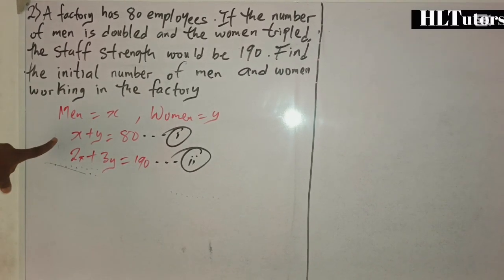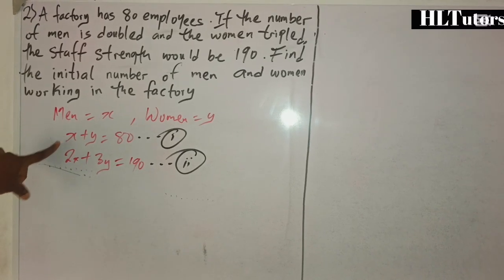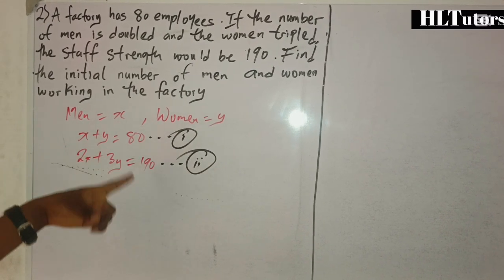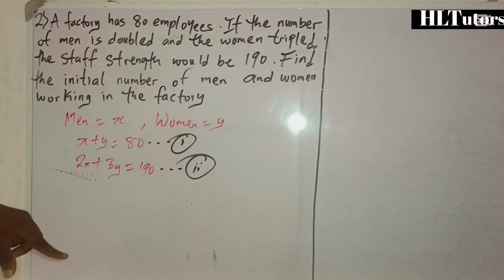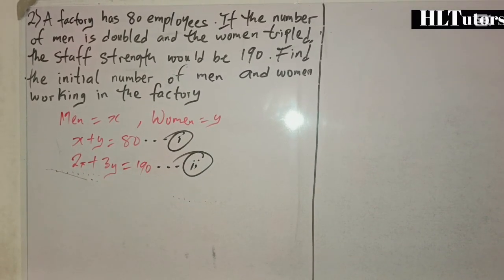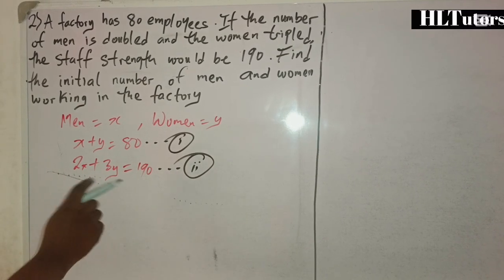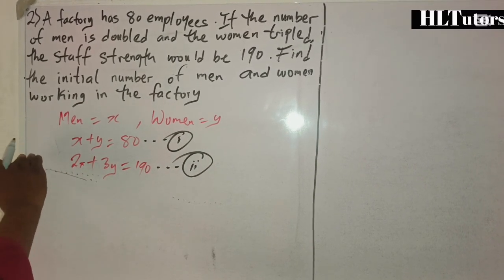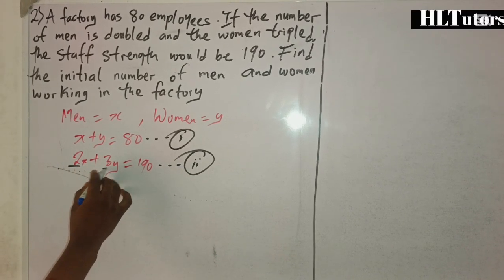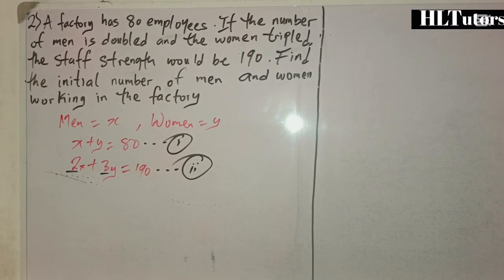But since x has a coefficient of 1 here and 2 here, and y and y are not the same, I just have to do something to make one of the coefficients the same, and that's multiplying through. I can multiply through either equation by 2 or by 3. So I want to use 2.